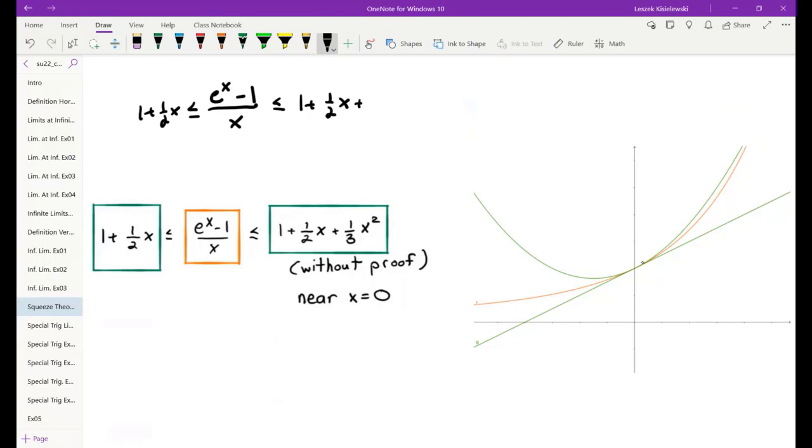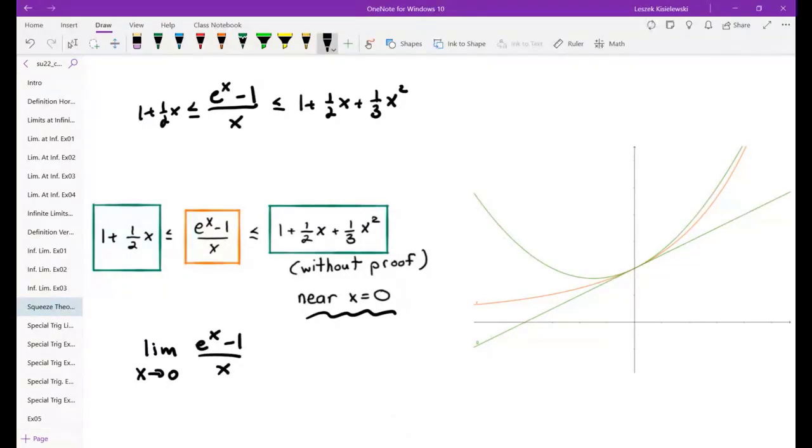So the graph of this quadratic is a parabola. Now that's true near 0. It's not true further away from 0. So eventually this exponential will become bigger than this quadratic. But we only care what happens near x equals 0, because we're dealing with the limit as x is approaching 0. So x is close to 0.